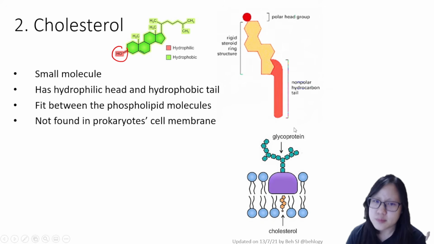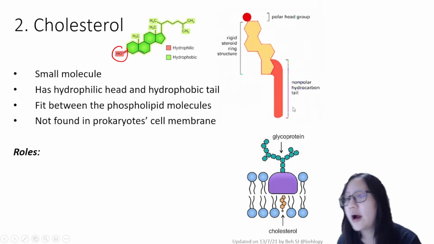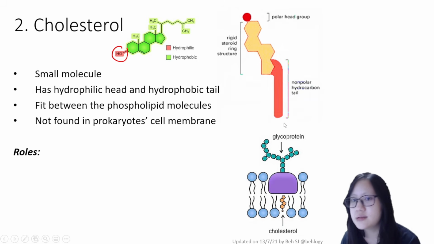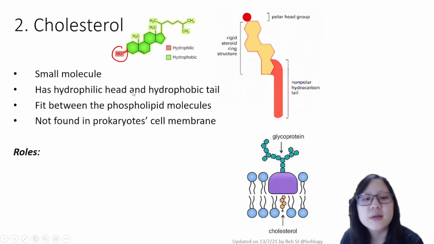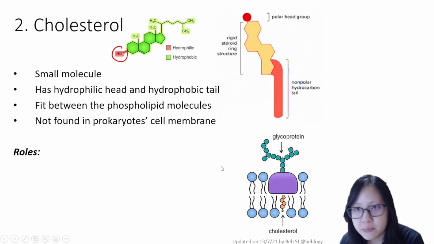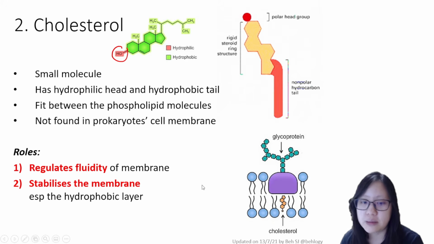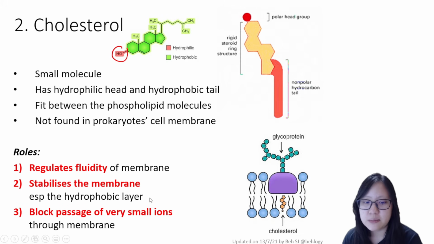Cholesterol is not found in prokaryotic membranes, only in eukaryotes. So think of humans mostly. Now that we know how it looks and how it fits into the membrane, what roles does it play? As we said just now, it helps regulate fluidity of the membrane, and overall it stabilizes the membrane.